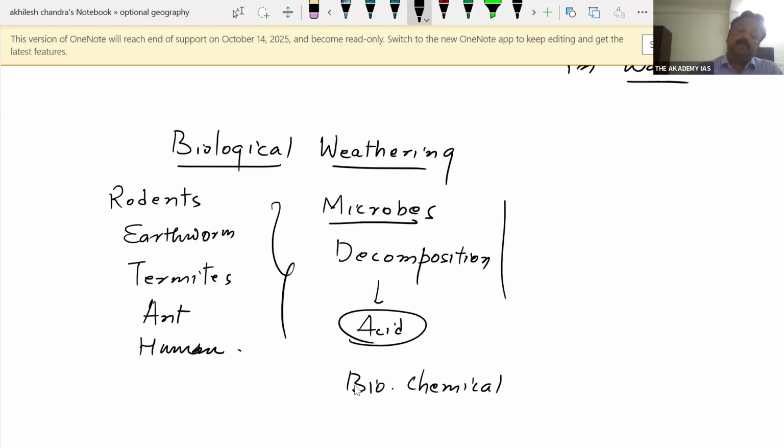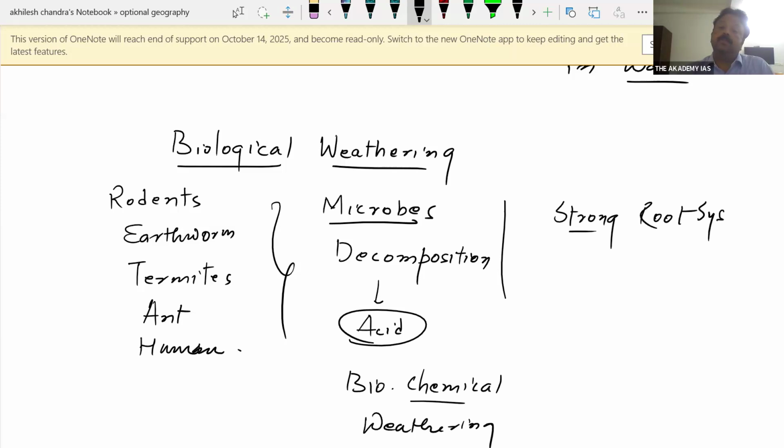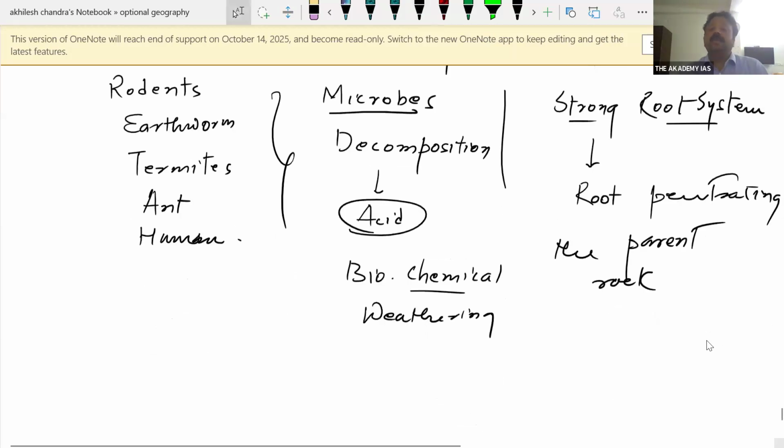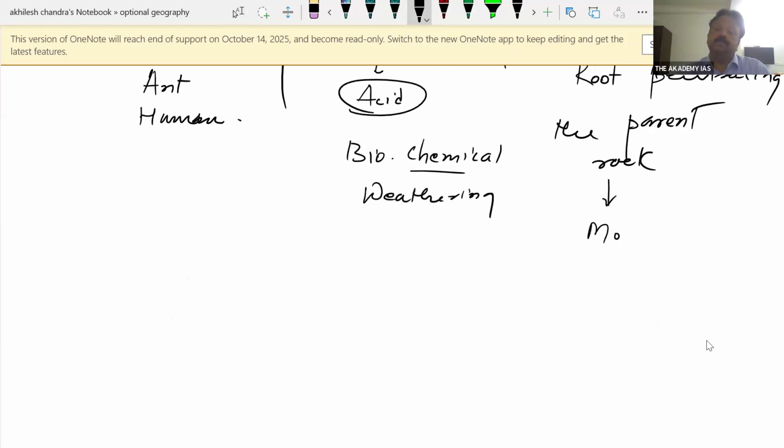What about big trees? Big trees have a strong root system, and the roots are penetrating the parent rock and creating more cracks and joints, right? So more cracks and joints in the parent rock, through which other agents go inside, or it will perform weathering.